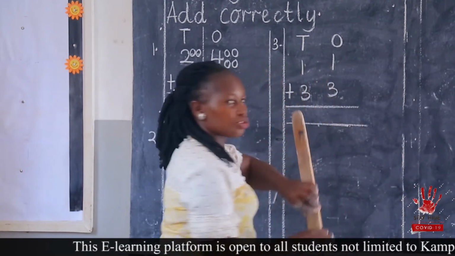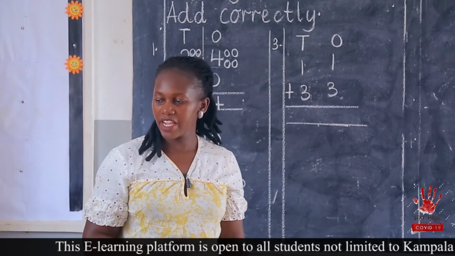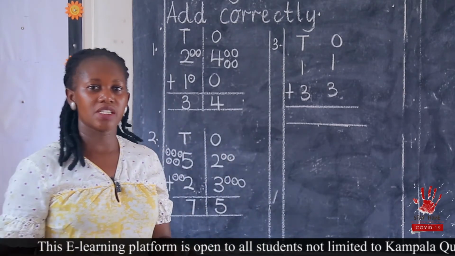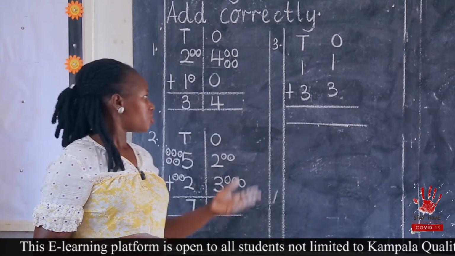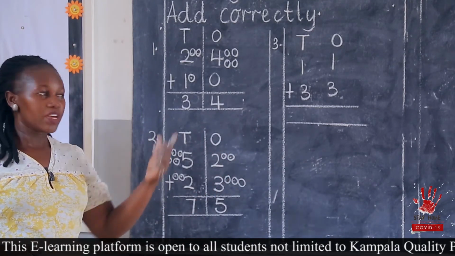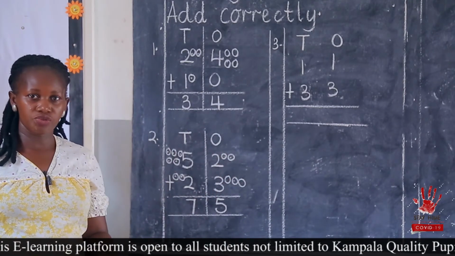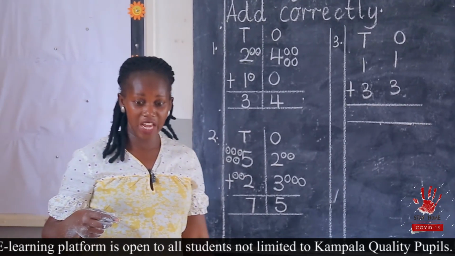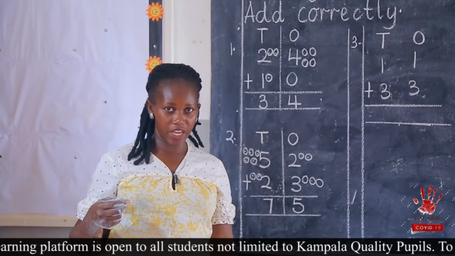I'm giving you only 2 minutes. Try it very fast. And I see whether you'll do it the way I want you to do it. I'm going to do it after you've done it. Then you mark yourself. Okay?